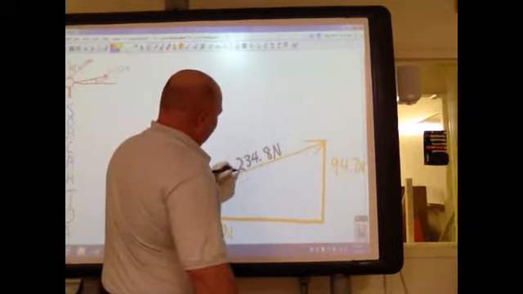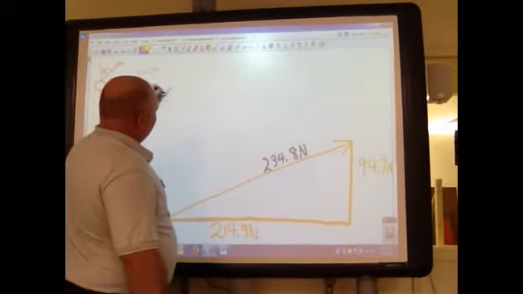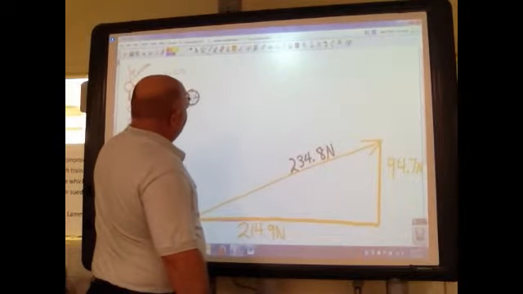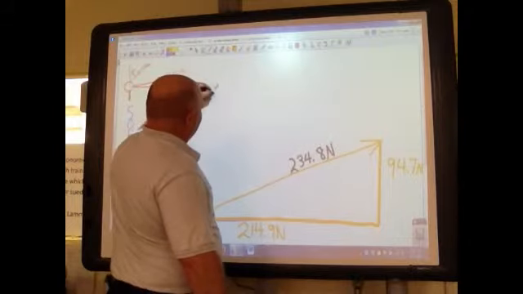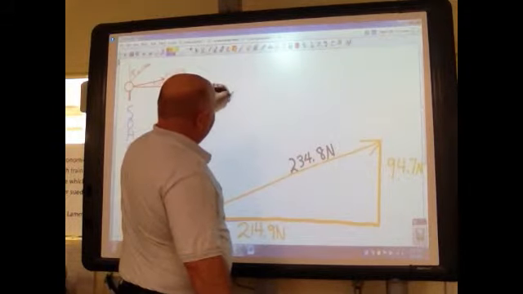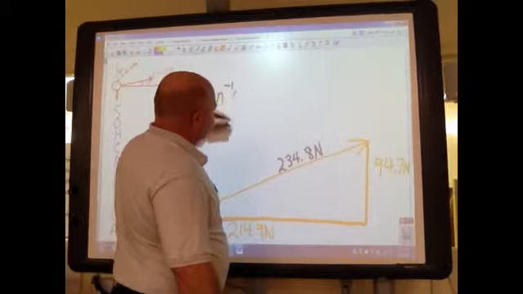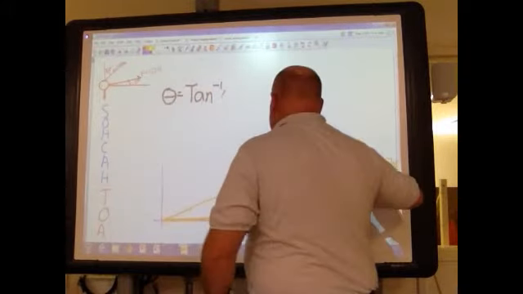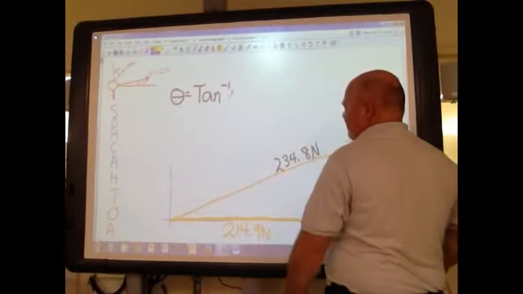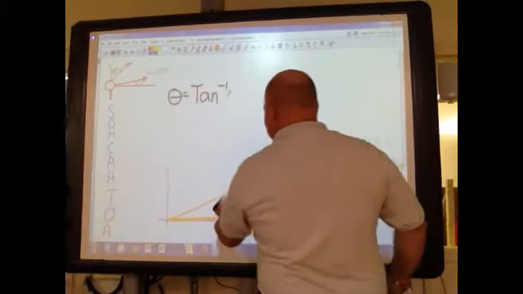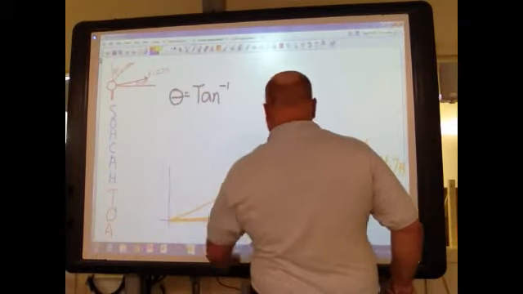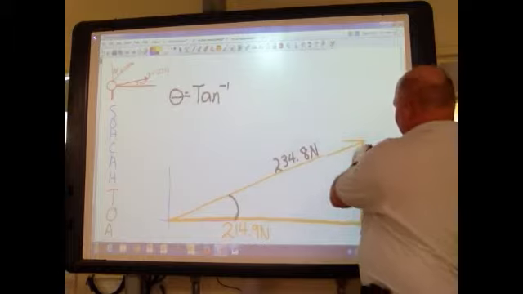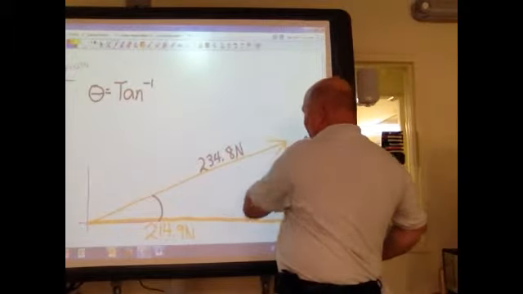Theta is going to be equal to the arctangent, or inverse tangent, of the opposite over the adjacent. This is the angle we're looking for here. So this would be opposite. This is adjacent.